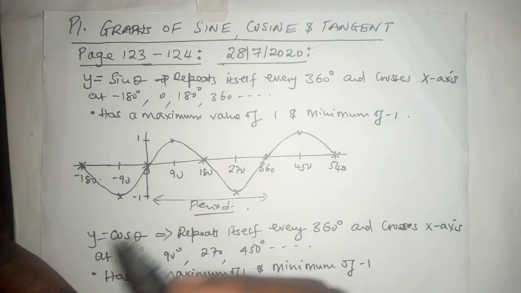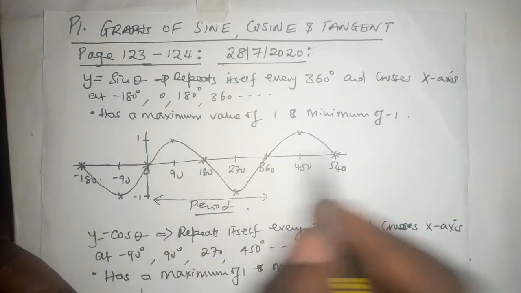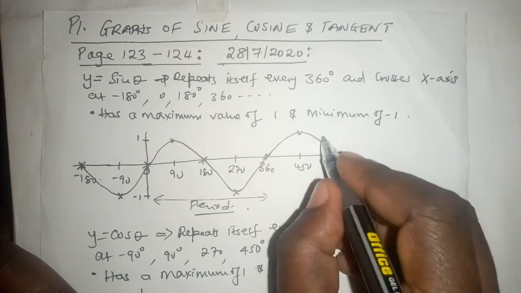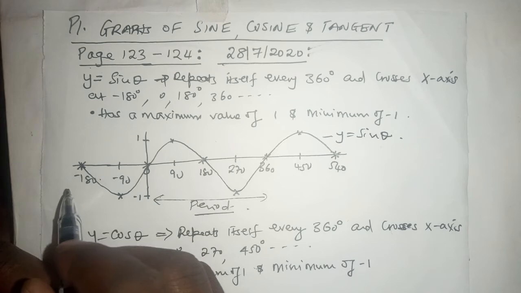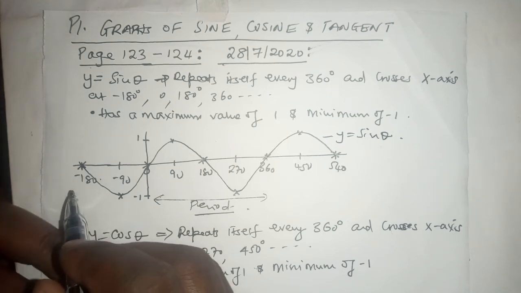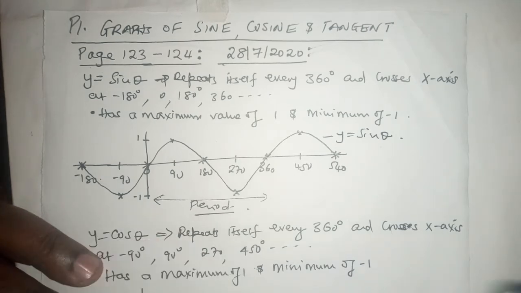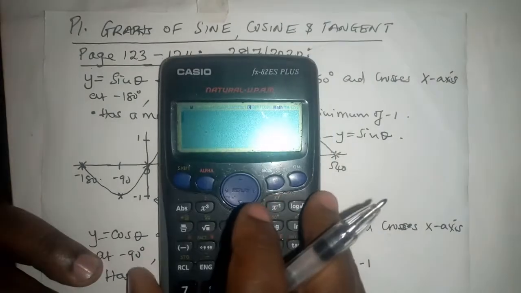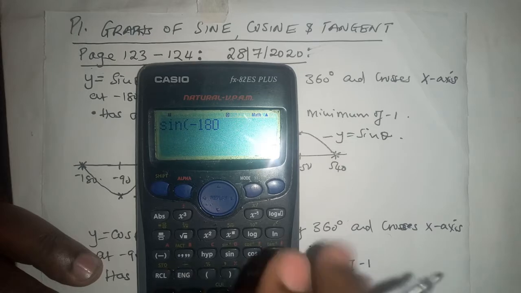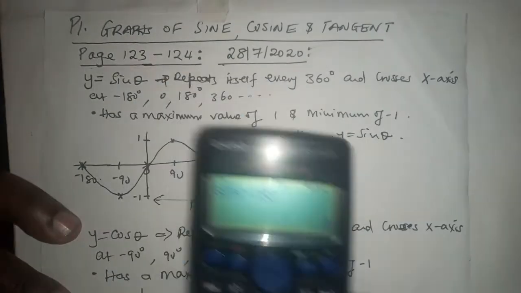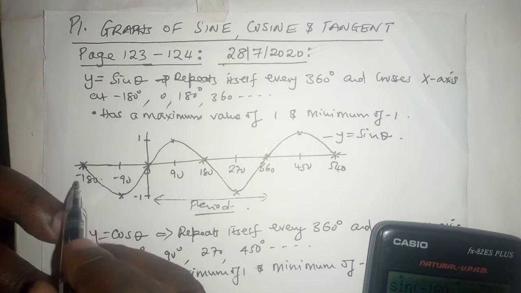And this is just a sketch of the graph y equals sine theta. Even if you took your calculator, the sine of negative 180 degrees is simply equal to 0, and that is why we've plotted 0 there.